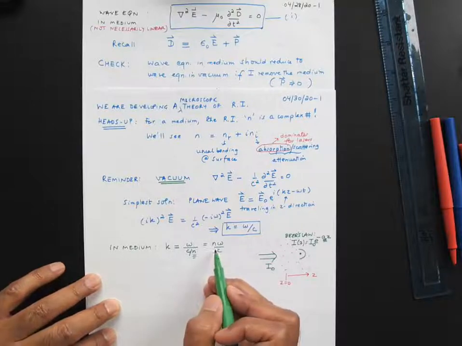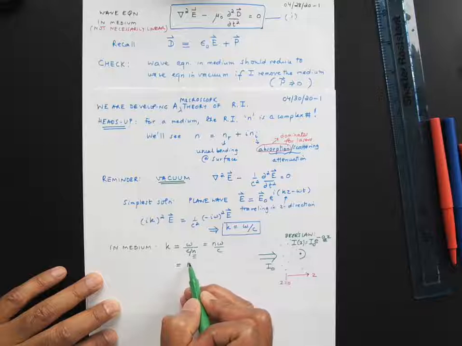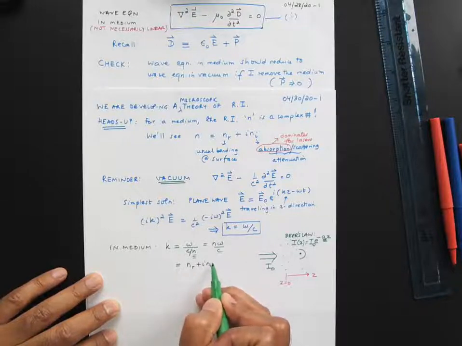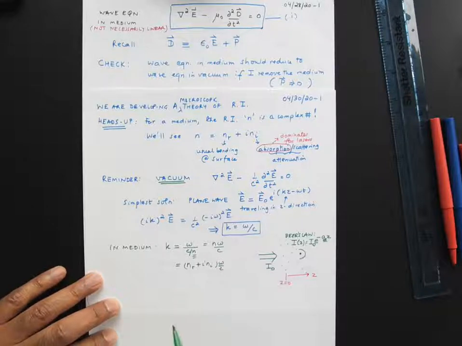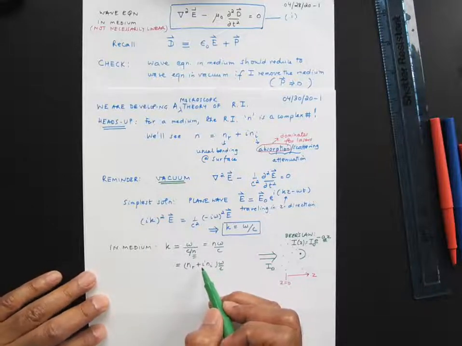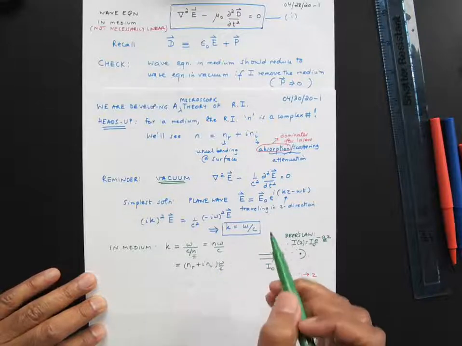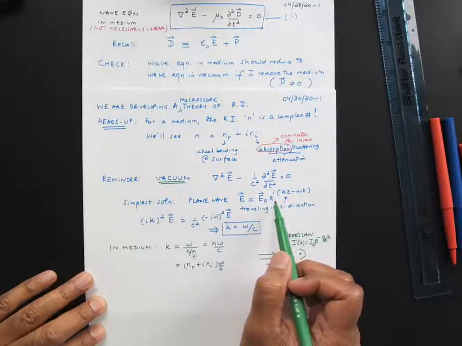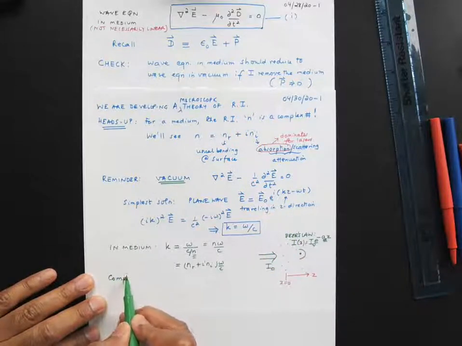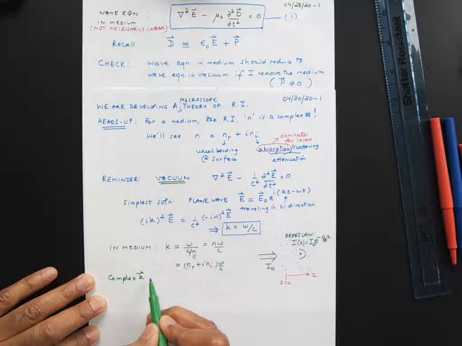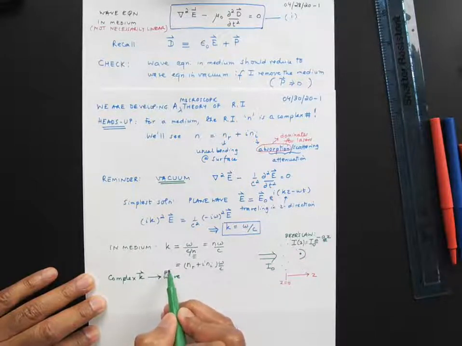So the refractive index is n times omega over c, but the n is real and it has an imaginary part. And so when you take this complex form of k into the solution, the complex k now goes into the plane wave solution.